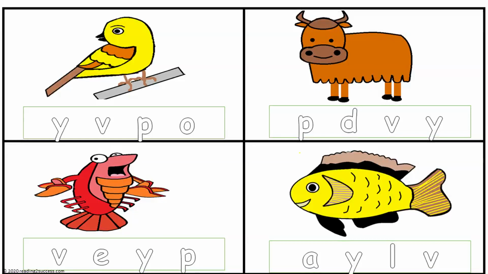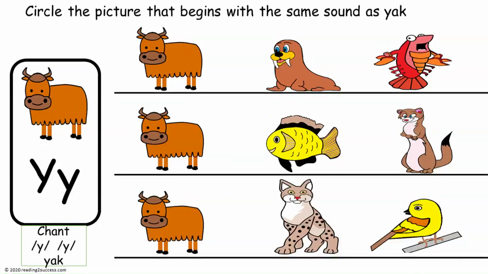Now have kids find the Y for each picture and color it in. This is the completed example. Have kids circle the picture that begins with the same sound as yak. Say each one for them. The first row, yak, walrus, yabby.